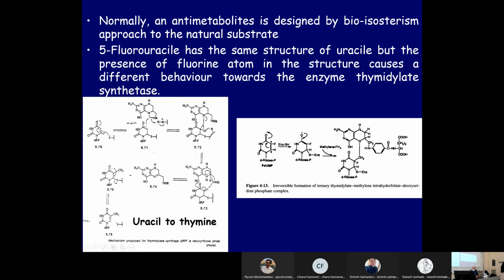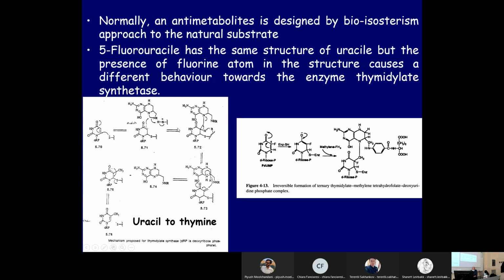What happens if we change the chemical structure of uracil by introducing a fluorine instead of a hydrogen? You know that fluorine is very small. Fluorine has the same electronic volume of a hydrogen atom, but you also know that fluorine has a completely different chemical property.